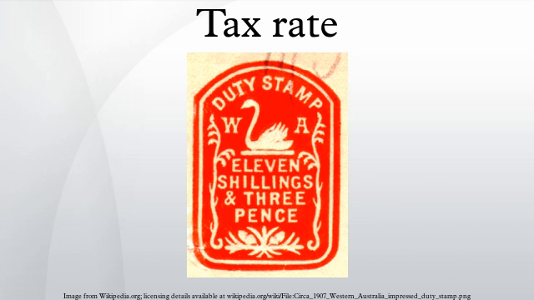For example, consider a system with 3 tax brackets, 10%, 20%, and 30%, where the 10% rate applies to income from $1 to $10,000, the 20% rate applies to income from $10,001 to $20,000, and the 30% rate applies to all income above $20,000.